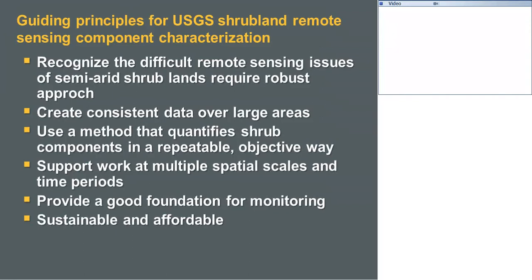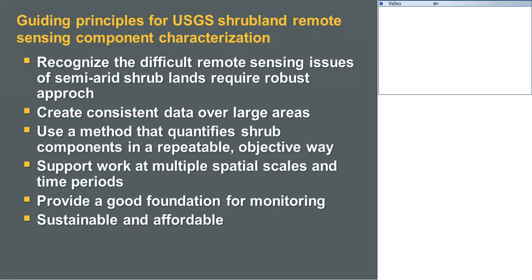So going into a better way to characterize shrub and grasslands, we had some guiding principles on the USGS side we worked with for a lot of years. The first thing is you need to recognize arid and semi-arid shrub and grasslands are very difficult remote sensing environments. They take a lot of stuff you have to throw at them to be successful. We're interested in large ecosystem science and management questions. They're very complex and difficult. So we need consistent data sets over large geographies.